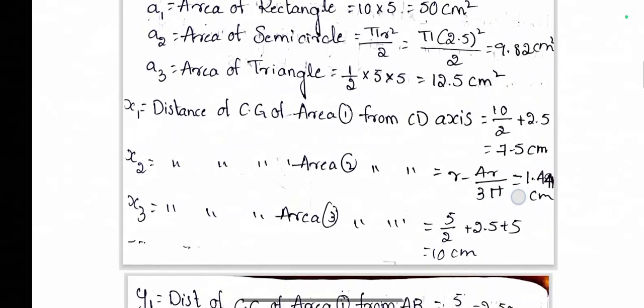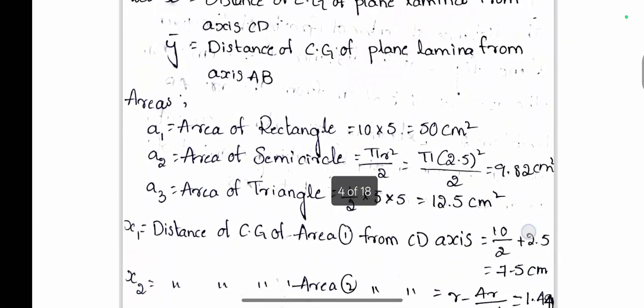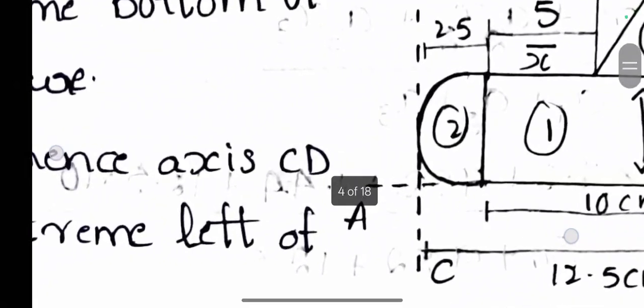Next, X2. X2 is the distance of the CG of area 2 from the axis CD. This is the semicircle. The semicircle's center of gravity distance from the center is 4r by 3 pi. Now we are measuring from the edge, so we use r minus 4r by 3 pi.